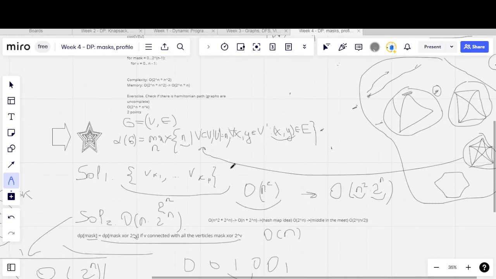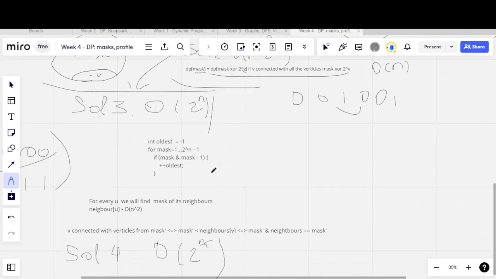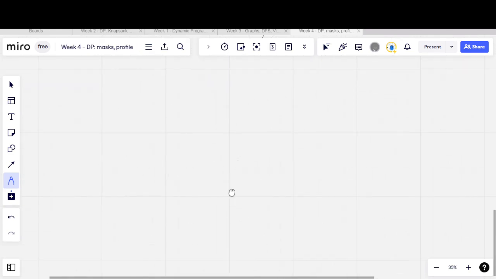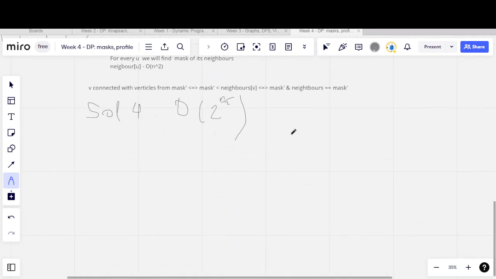What does this mean? We split our task into two smaller tasks. In this case, we take our graph G and split it into two parts. The left part will contain n divided by two verticals. Left and right parts will be equal.